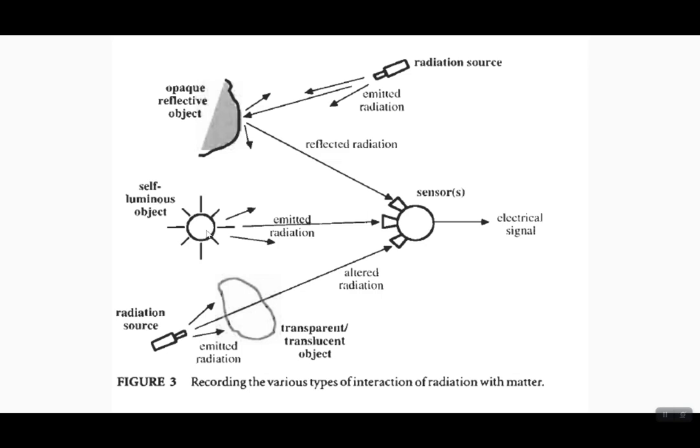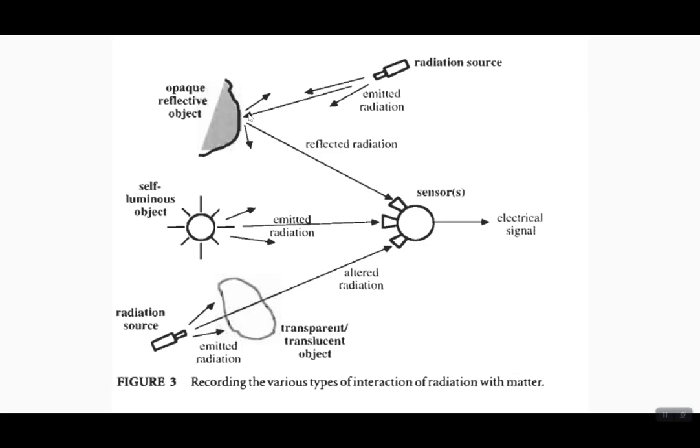This is our Earth's main source of energy, but there are other radiation sources which emit radiation, and some of the objects, like in this case, an opaque reflective object.